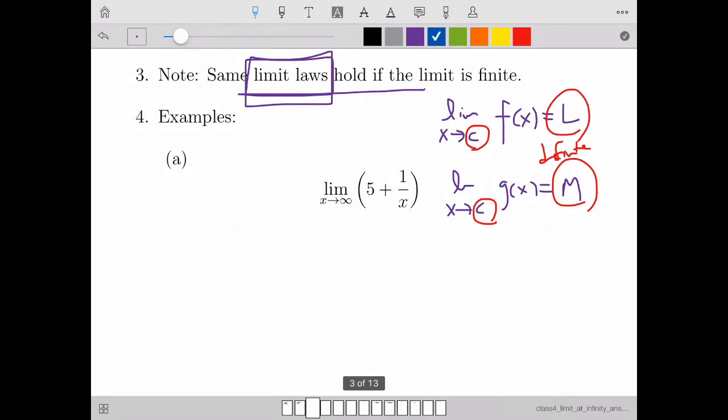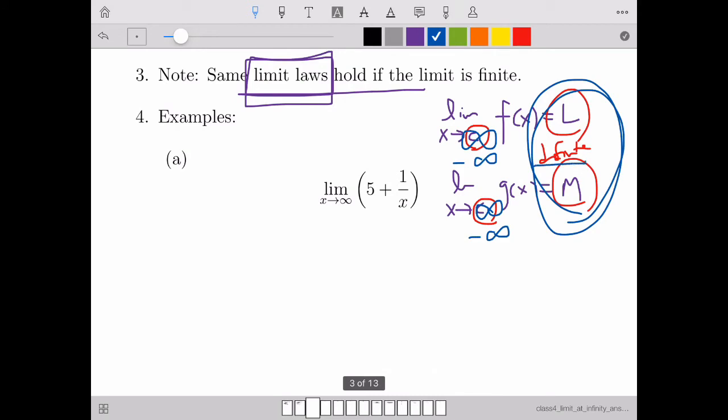But we can use limit laws for infinity or minus infinity if these are still definite finite numbers.